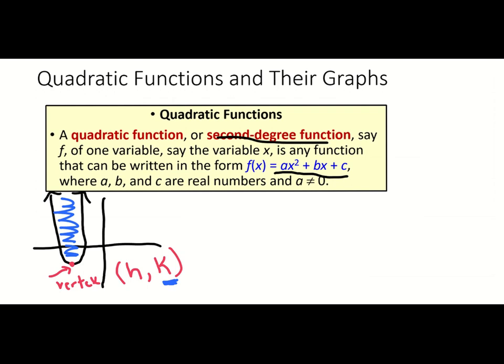They may also ask you for what we call the axis of symmetry. The axis of symmetry goes straight through the vertex, and it basically divides that parabola into two equal parts, because they should rise up the same on both sides.